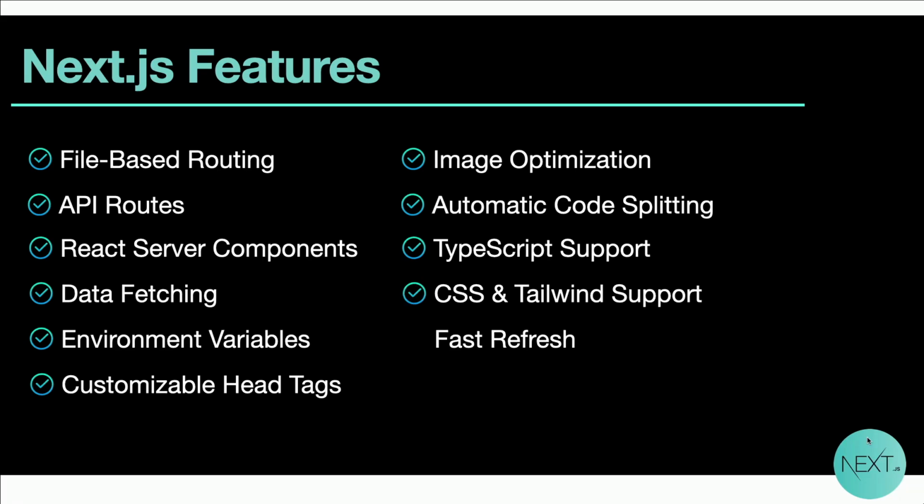And then there's built-in support for CSS that allows developers to use CSS modules, CSS-in-JS libraries like styled-components, global CSS files, and you also have Tailwind right out of the box, which is what we'll be using. And then you also have a dev server with Fast Refresh, a feature that enables instant feedback on code changes during development without losing component state.